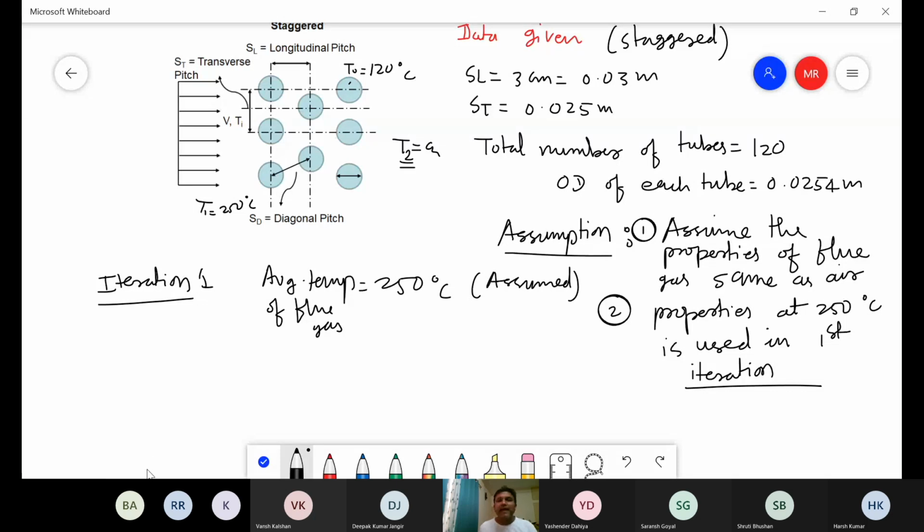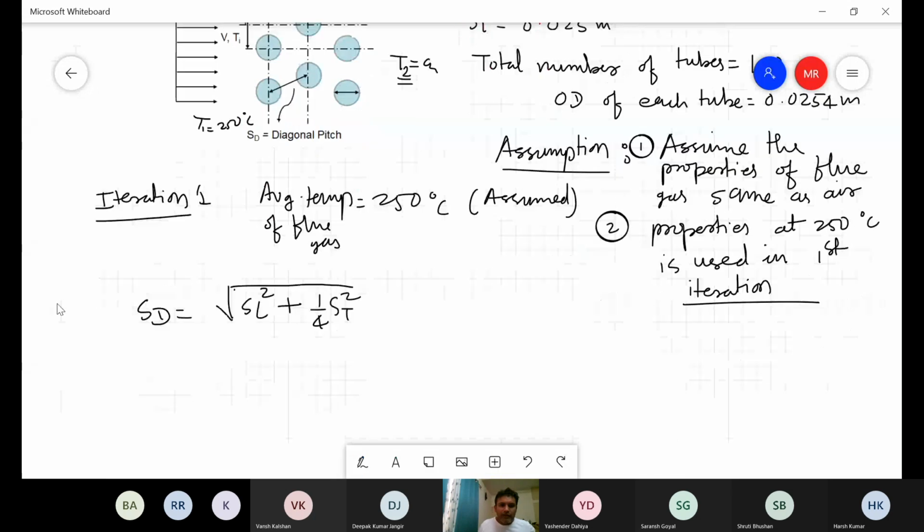Since this is a staggered arrangement, first we have to find the diagonal pitch. SD is the diagonal pitch, which by looking at the geometry we can say is the square root of SL square plus 1/4 ST square.